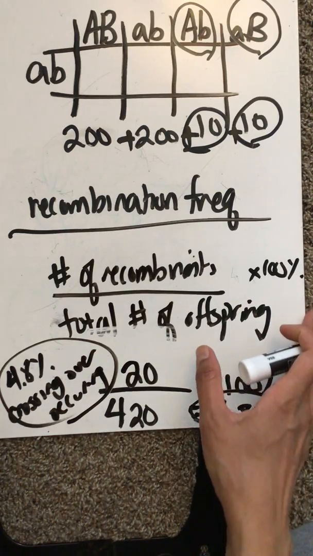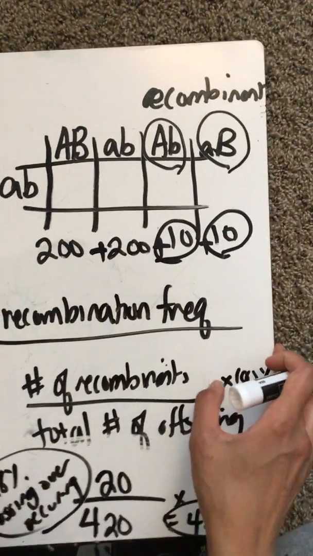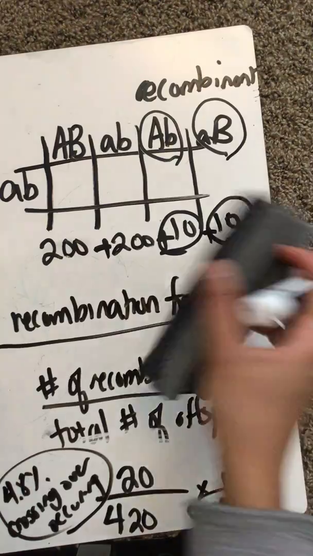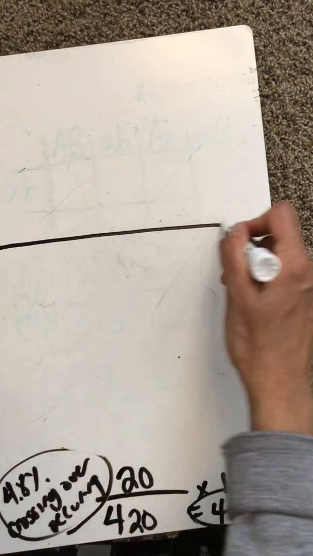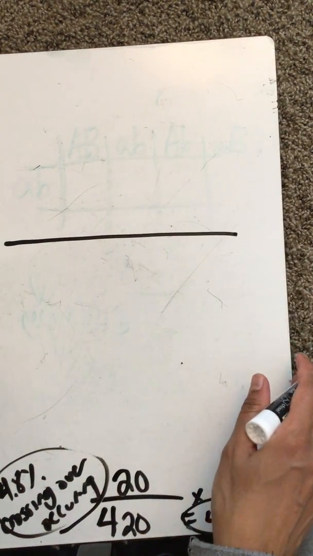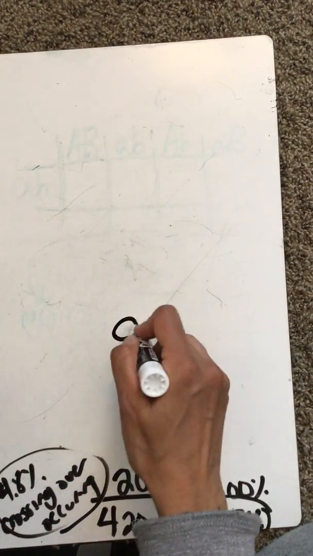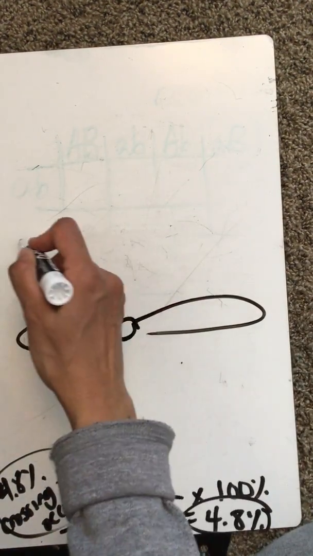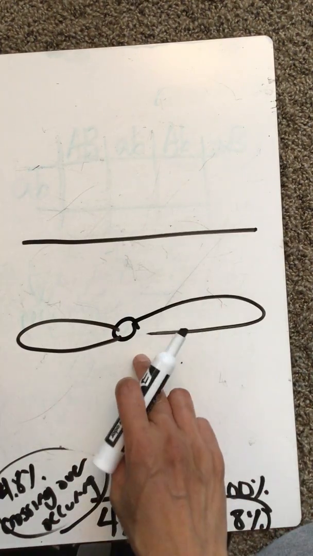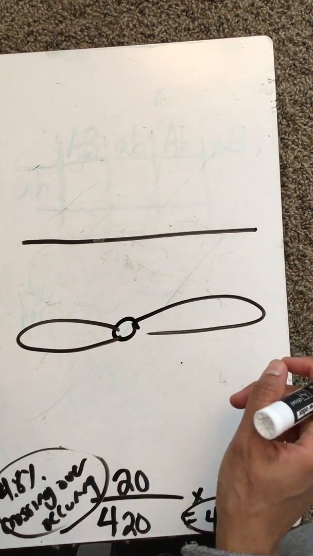But that number also means, let me erase this, I'm going to draw a line here, and this line represents a chromosome. Imagine here's your chromosome, and this line represents the same thing.